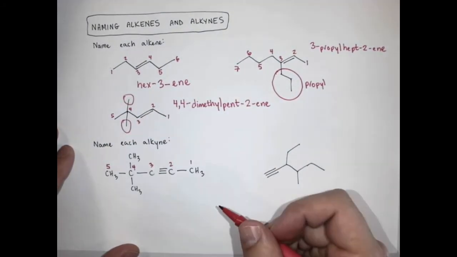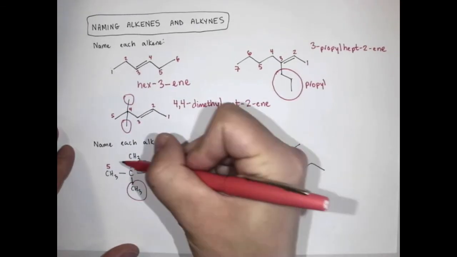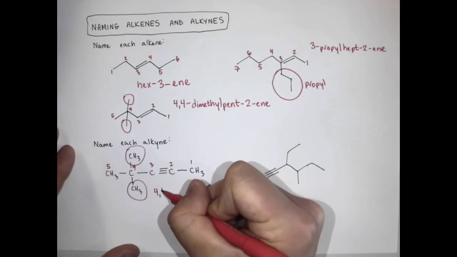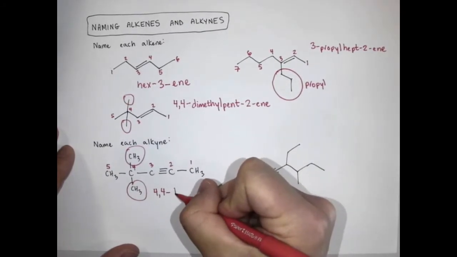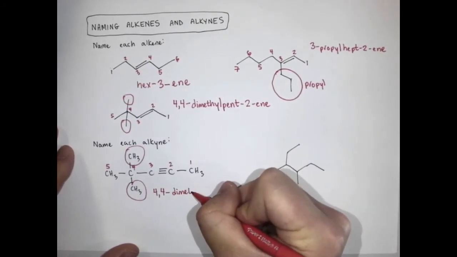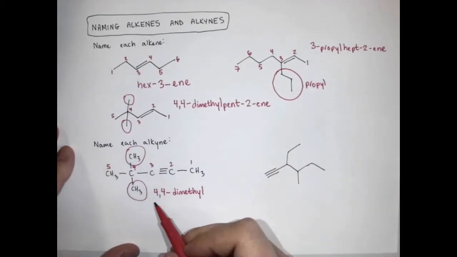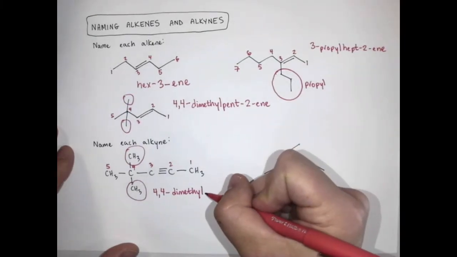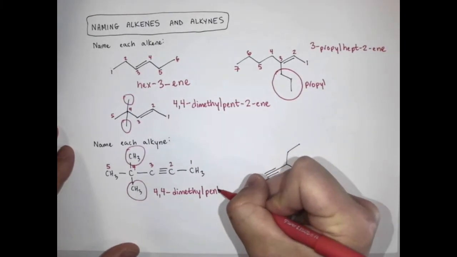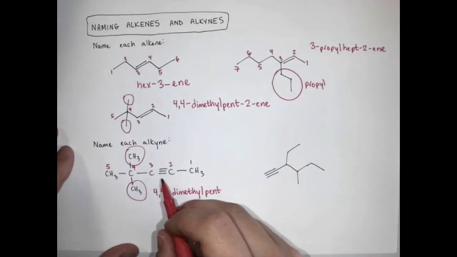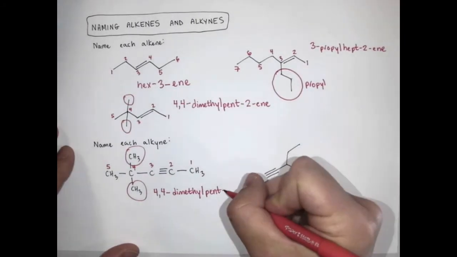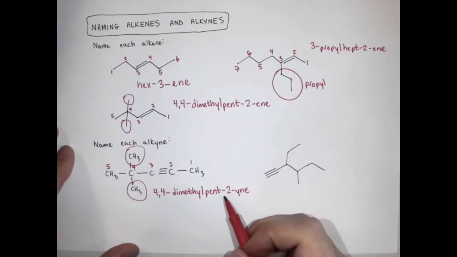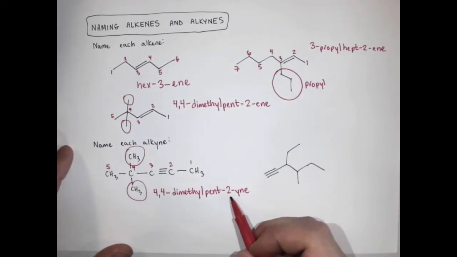I've got two methyl groups at carbon 4, so this is very similar to the last one we did, except we have an alkyne. So we have 4, 4 dimethyl as the prefix, and the root is pent because it's a 5 carbon chain, and the triple bond starts at carbon 2. So it'll be 4, 4 dimethyl pent 2-yne.